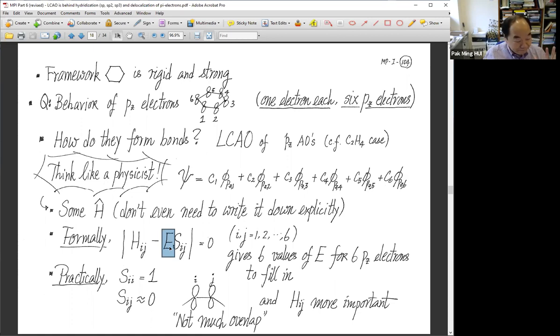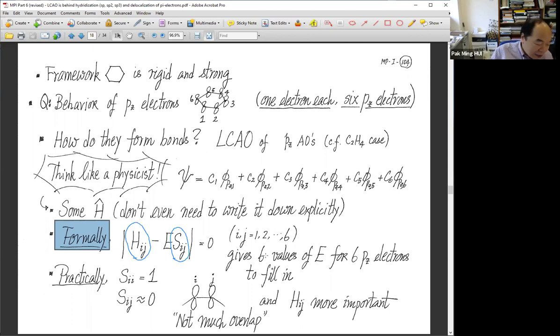Do you understand this line, formally? Now I started to think deeper. Because I need to do this, I want to think about what this thing should be. So let's start with Sij.